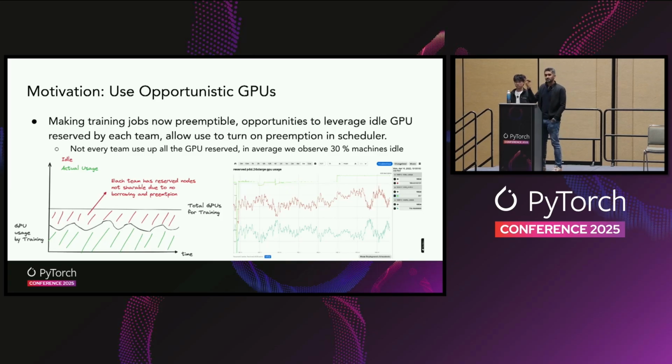So across the board, there is some slack in terms of how much GPUs get used. So we want to be in a world where teams can use GPUs opportunistically. And for that to happen at scale, we actually need these jobs to be preemptible, so that when the team that owns the GPUs needs their GPUs back, we can just kick off the jobs that are using these GPUs, which means these jobs need to be fault tolerant.